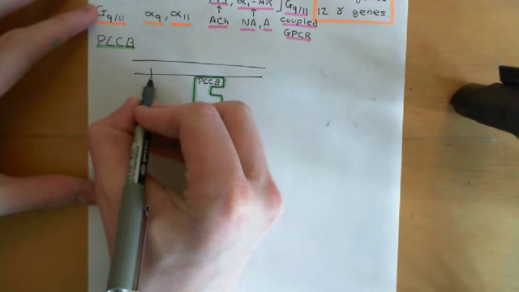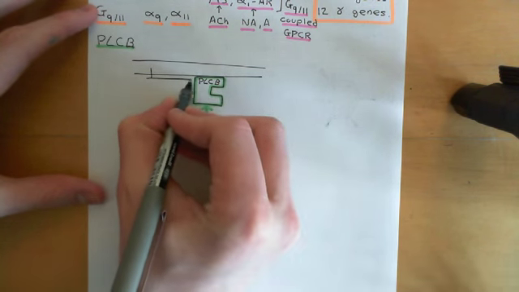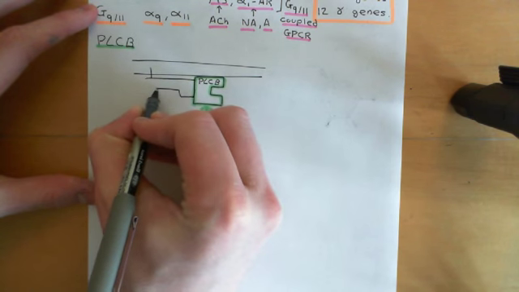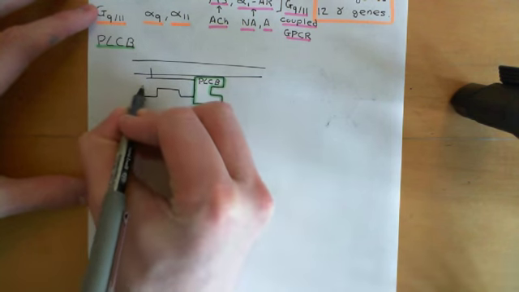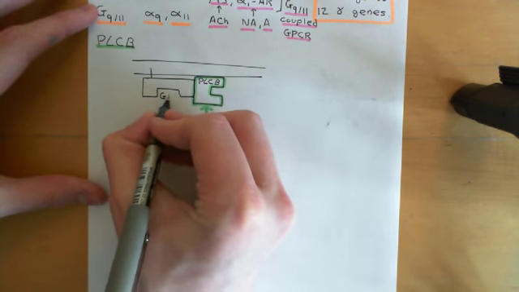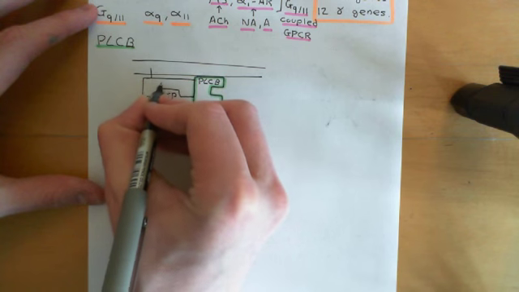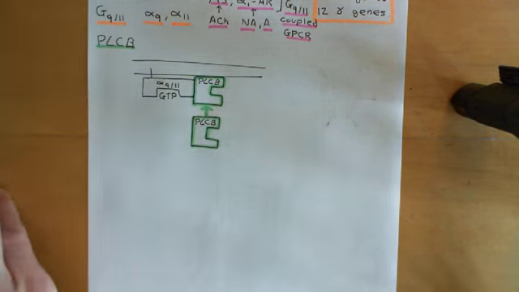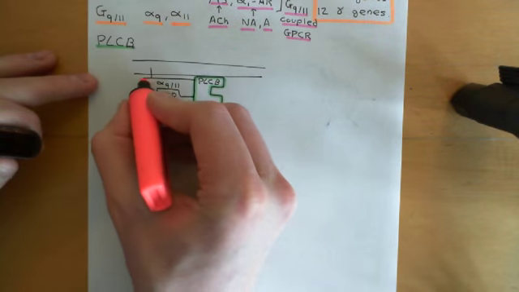So basically what can now happen is our alpha Q/11 subunit with the GTP bound can bind to these phospholipase C beta enzymes which are attached to the underside of the phospholipid bilayer. So here is our alpha Q/11 subunit, which I'll colour in once again in red.